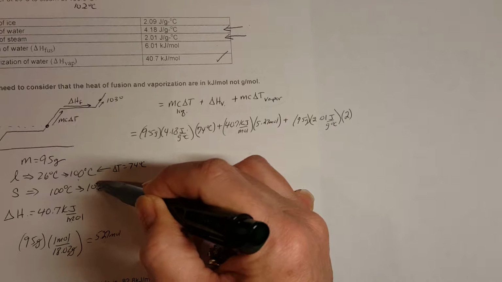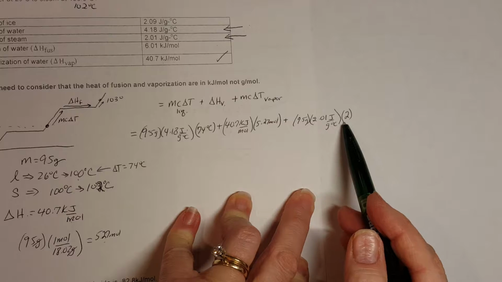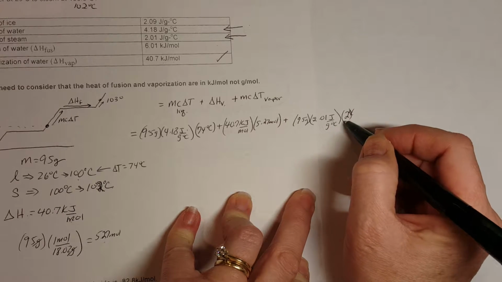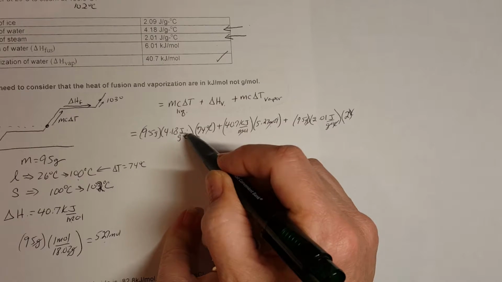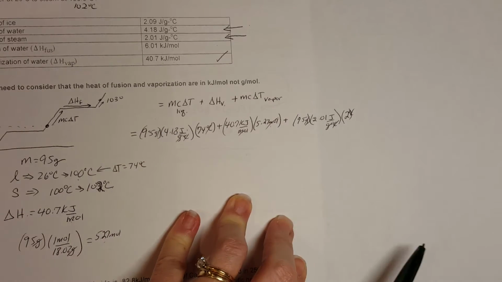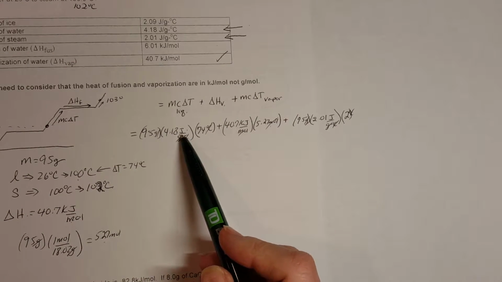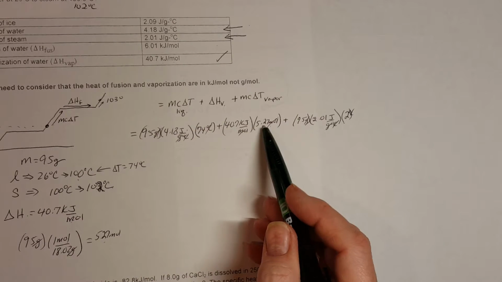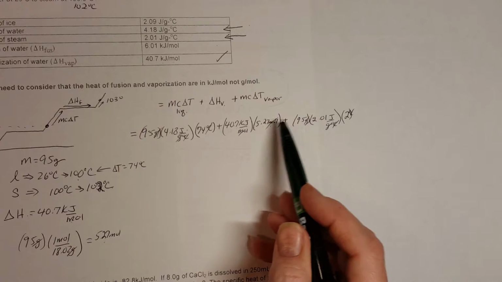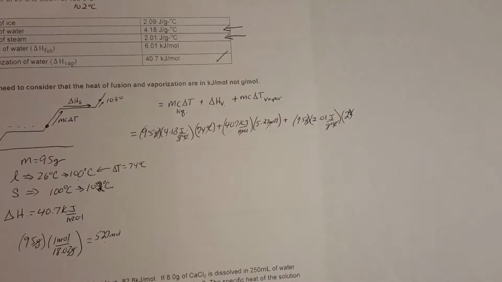Sorry, this should be 102 over there. Okay, so degrees Celsius cancels, grams cancels, moles cancels, degrees Celsius cancels, grams cancels. So I'm going to add joules. That's all that's left there. Plus kilojoules. Oh, I have to change this to joules in a minute. Plus joules. So let's figure out what these numbers are.